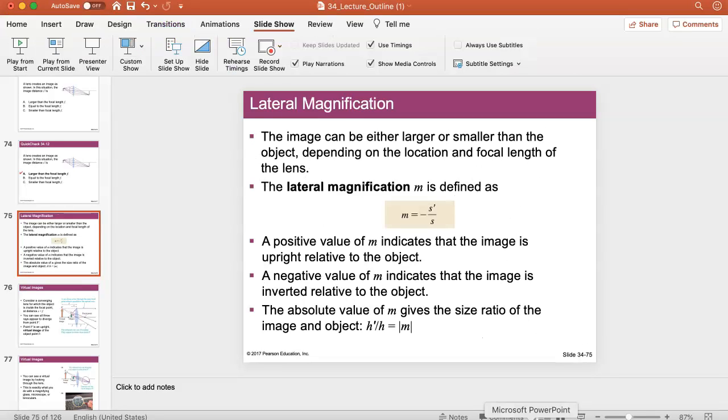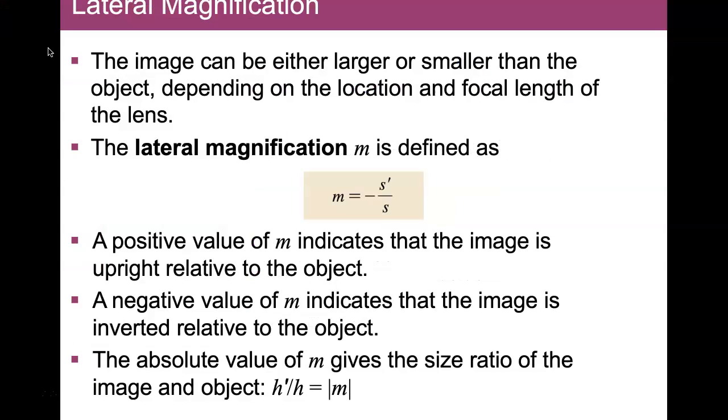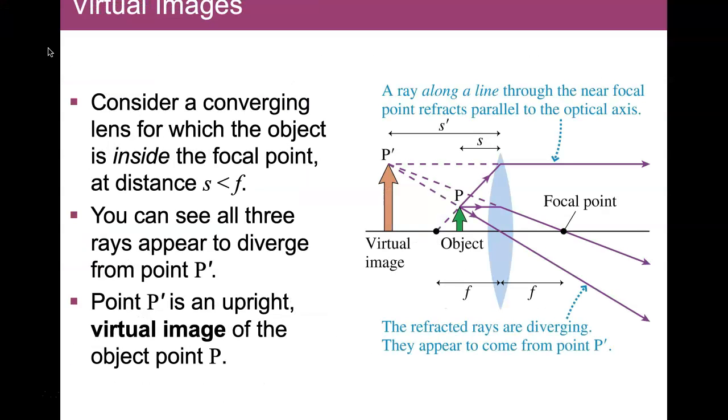So m is known as the lateral magnification. Okay, so that's the picture we just studied. If you put the object between the lens and its focal point, if s is smaller than f, then we form this virtual image on this side, and it's not inverted.